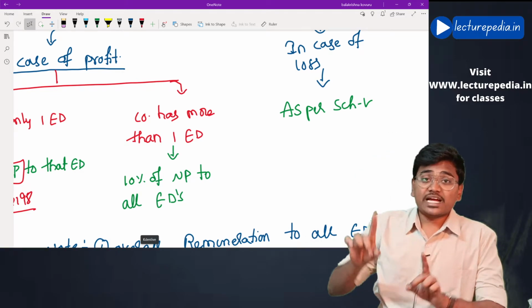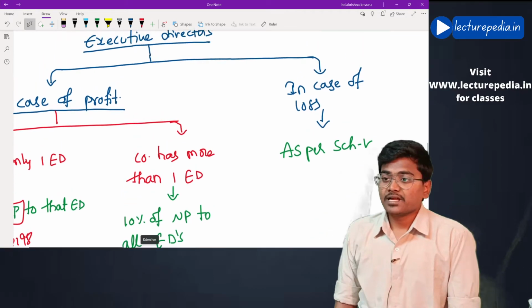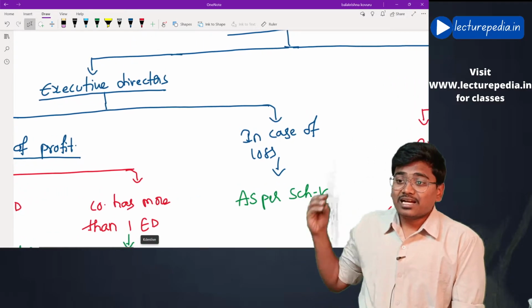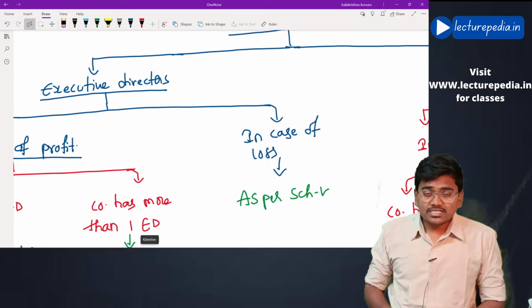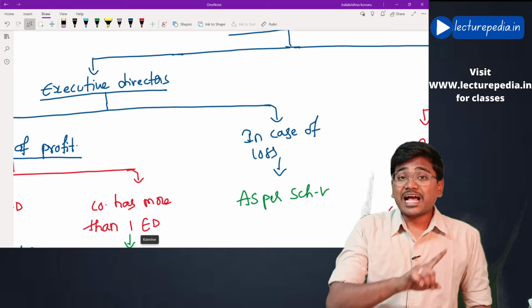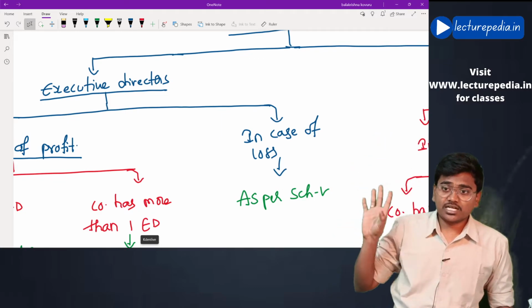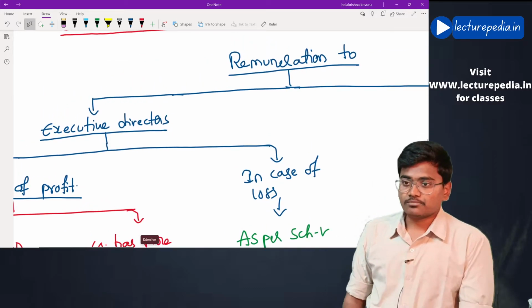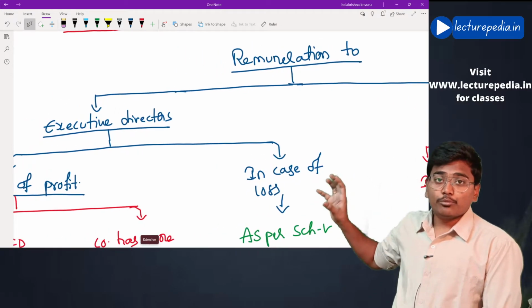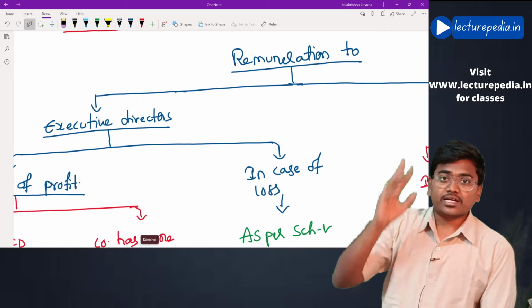Net profit has to be calculated as per section number 198. Next, in case company is having losses, then the remuneration has to be paid as per schedule 5 limits. I will be discussing the schedule 5 limits after completing this. This is the remuneration that is payable to executive directors.